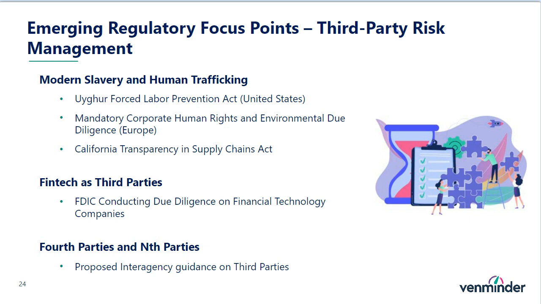Another big one is fintechs as third parties. So making sure that we are looking at fintechs in the same regard as we would any other vendor. And then, of course, that extended enterprise risk, those third, fourth, and so on parties that can affect your products or services are a big focus as well.